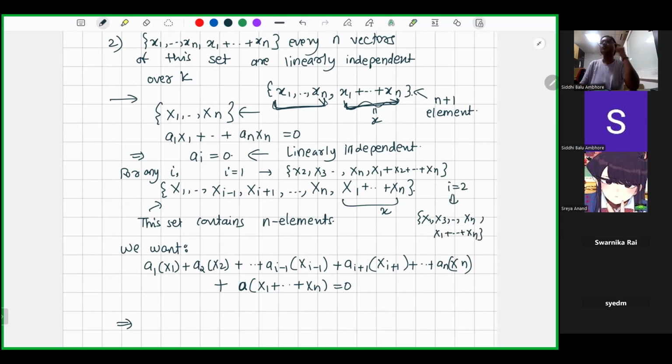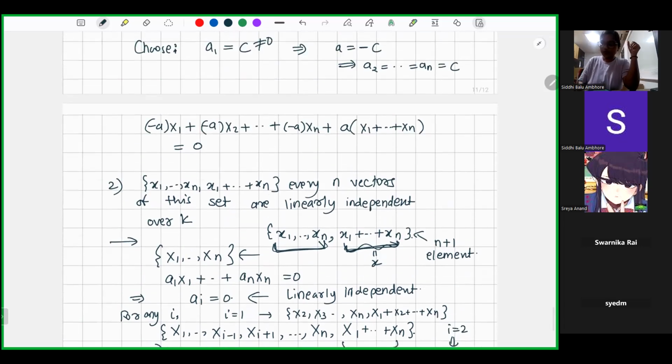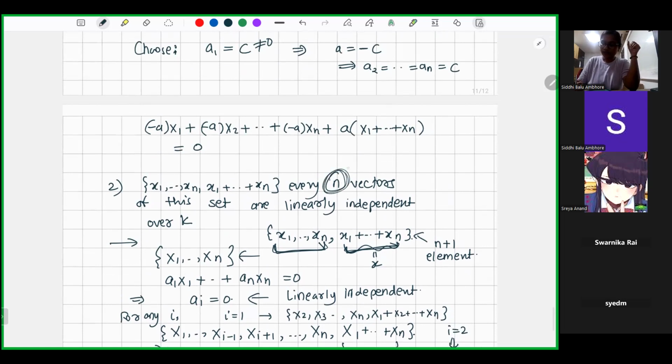Ma'am, why are we omitting one element? Because we want to show that every n vectors of this set are linearly independent. But this set has n plus 1 elements, so to talk about n elements from this set, I need to omit one.